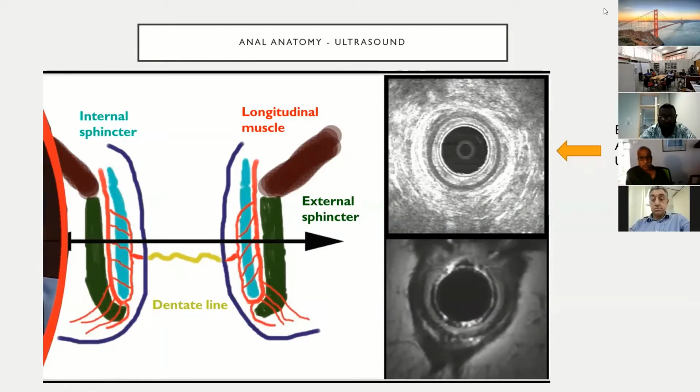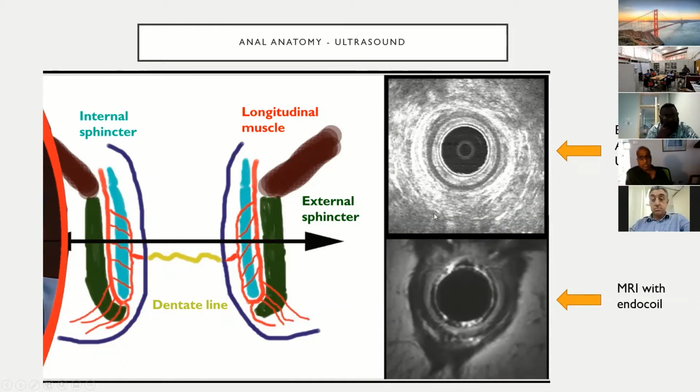The central dark area is the ultrasound probe. Just outside the white ring is the submucosa, and the darker ring, about 2 to 3 millimeters in diameter, is the internal sphincter. The white color outside is the external sphincter, and further out is a little bit vaguely seen.